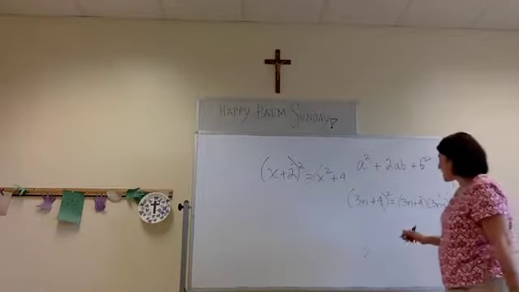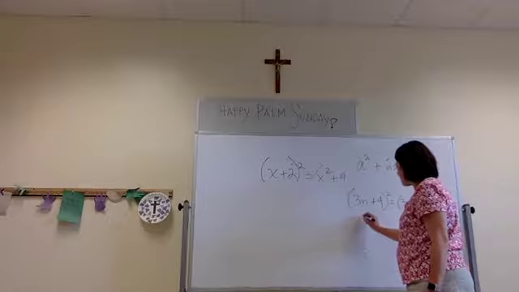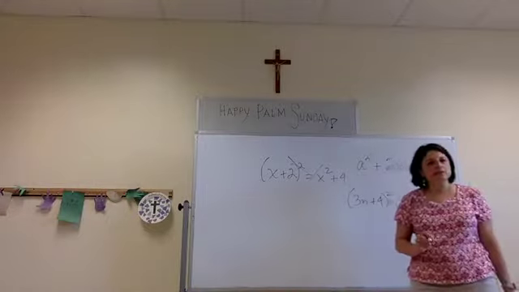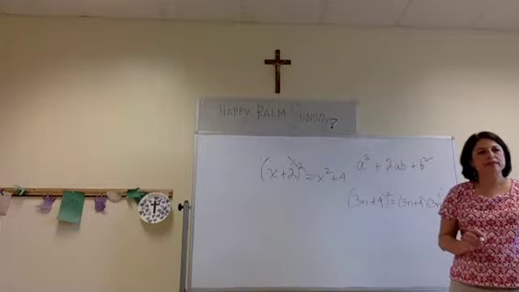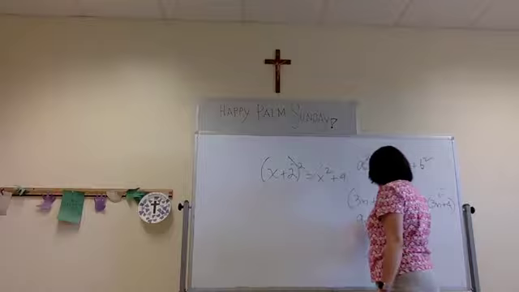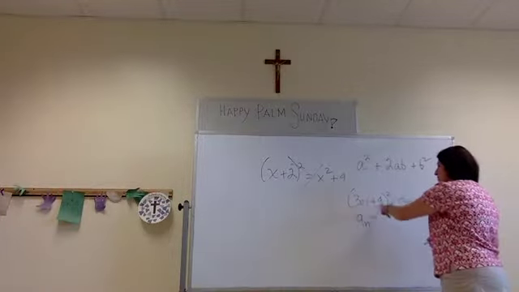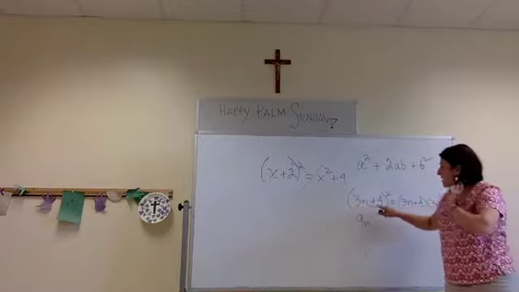So what's a squared? 3n times 3n is going to be what? 9n squared. Now this is the first term, that's the second term. This is a and this is b.